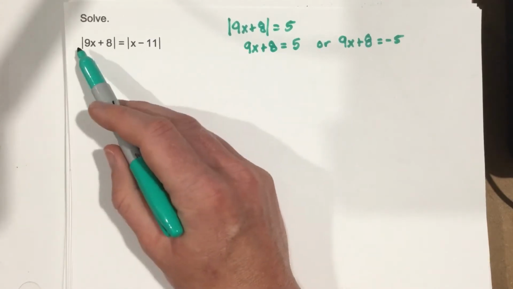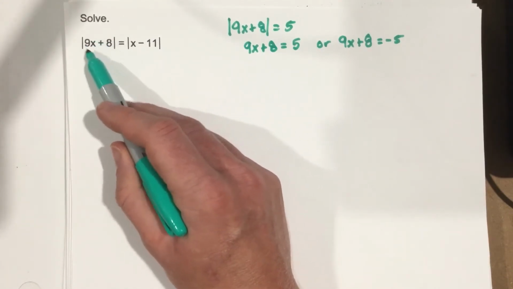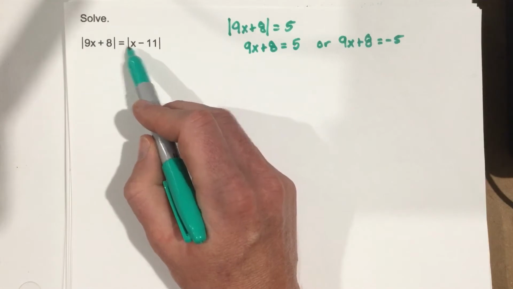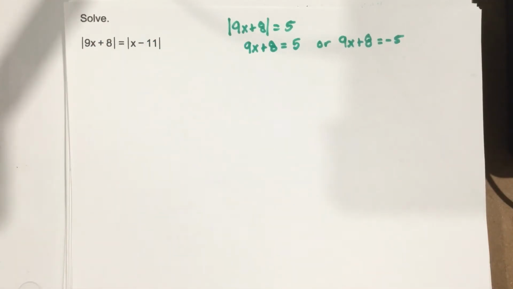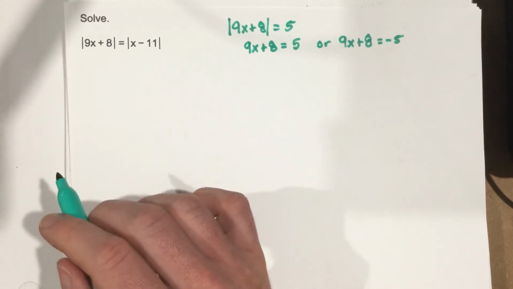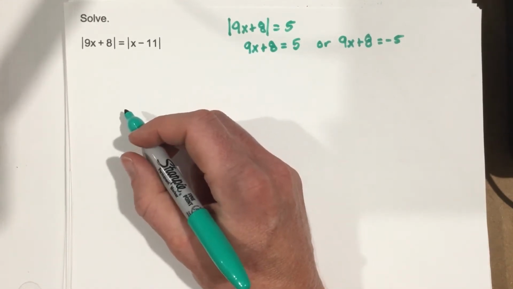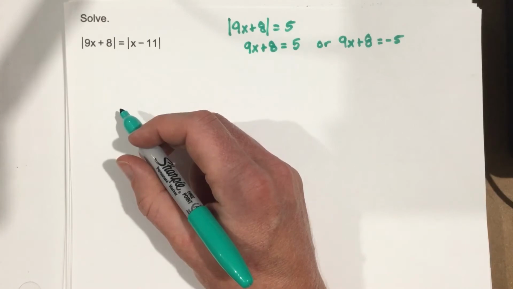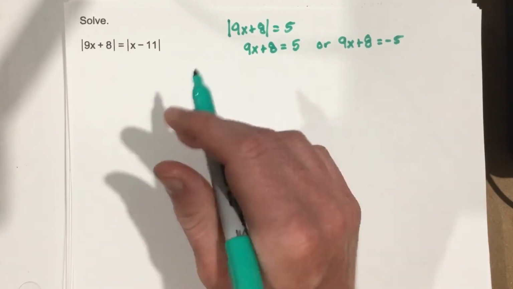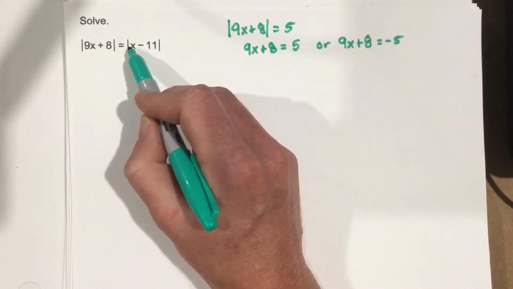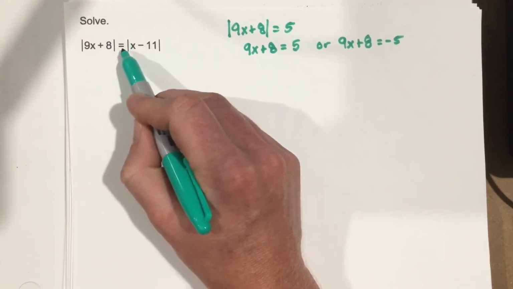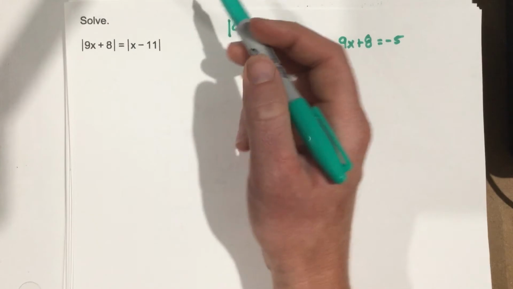And remember, absolute values are always going to give you positive numbers, correct? So the absolute value on this side will give you a positive, the absolute value on this side will give you a positive. So here's how we're going to start this. We're going to write this 2 different ways, and I'm going to show you that essentially we can ignore a couple ways to solve this, or a couple versions. So we're going to start by saying 9x plus 8 is going to equal the positive version of this, and it's going to equal the negative version of this.